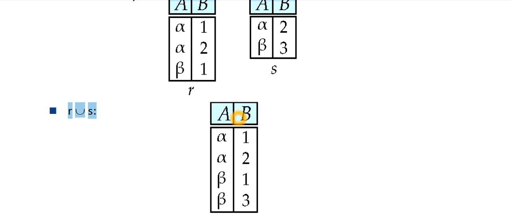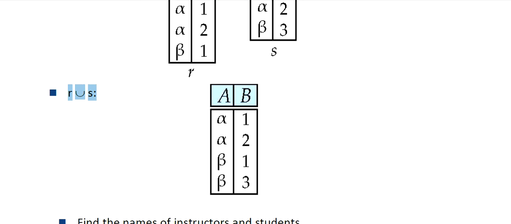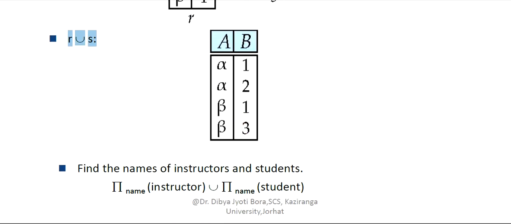So with respect to R union S, let's take an example. Find the names of instructors and students. For that, you have to take the pi operator, that is the project operator, because I am only focusing on the name attribute.